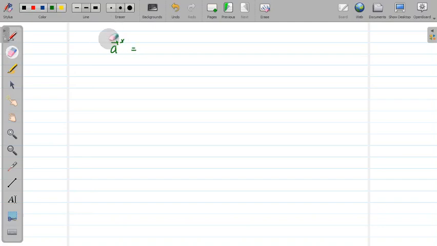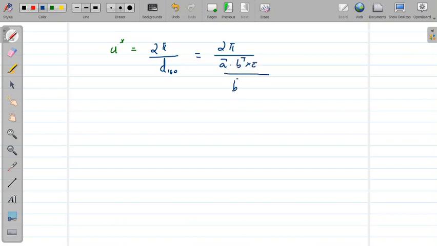We know the magnitude of a star is given by 2 pi by d100, which is equal to 2 pi by a bar dot b bar cross c bar divided by the magnitude of b bar cross c bar, which is equal to 2 pi into the magnitude of b bar cross c bar divided by a bar dot b bar cross c bar.